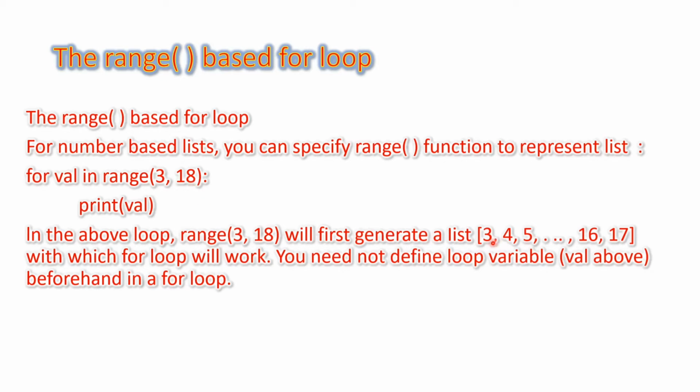Here you can see it will have 3, 4, 5, 6, 7, 8 up to 17, meaning up to 18 minus 1. You need not define the loop variable val earlier, before the for loop. It is directly defined when you are using it in the for loop.